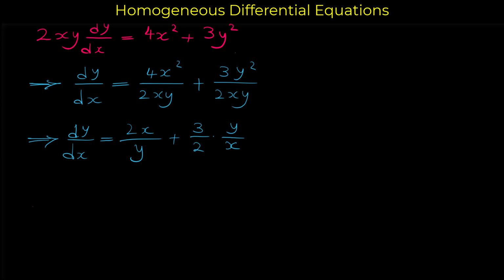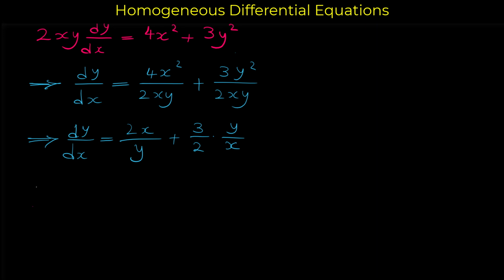Now here you can see that we have y over x in this term, and in the other term we have x over y, which is the reciprocal of y over x. So if we suppose y over x to be v, we can replace this x over y with 1 over v, because this is the reciprocal of y over x. So now it is clear that this differential equation is a homogeneous differential equation.